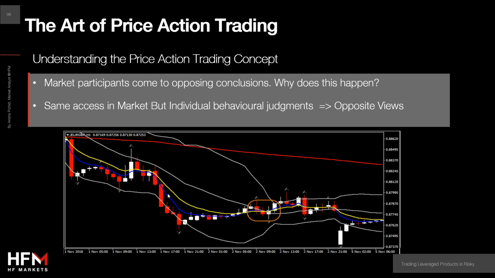Buyers may base their decision on the standard recommendation of the moving average crossovers, while sellers may take a contrarian view by saying that the standard recommendation to buy on crossover will lead to an overbought situation and hence it is better to sell. So it's a different perspective, a different point of view.